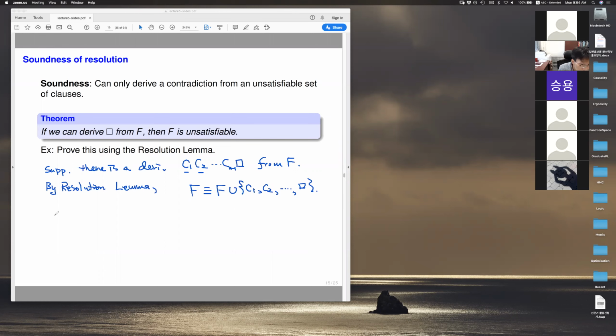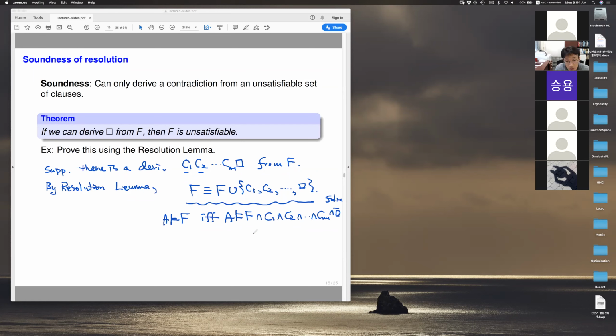But now, once you have this semantic equivalence, what this says is that for any assignment A, A satisfies F precisely when A satisfies F conjunction C1, conjunction C2, conjunction Cn-1, and box, which is false.